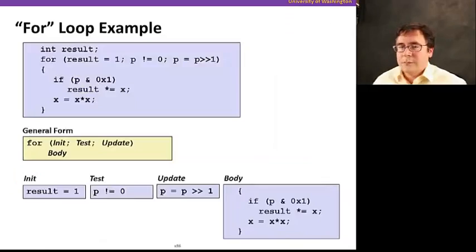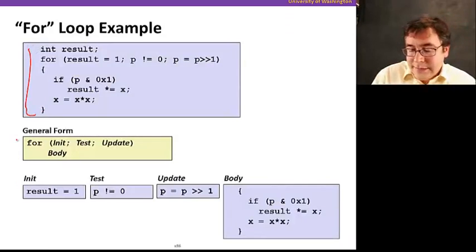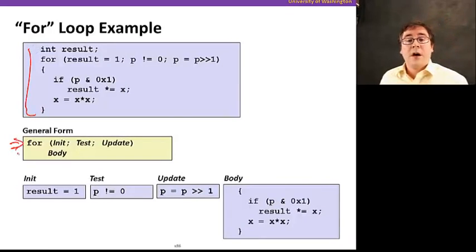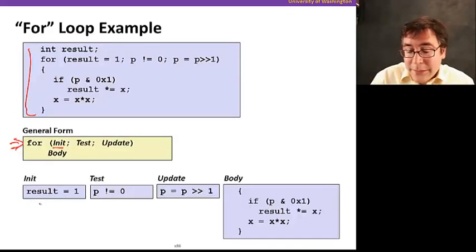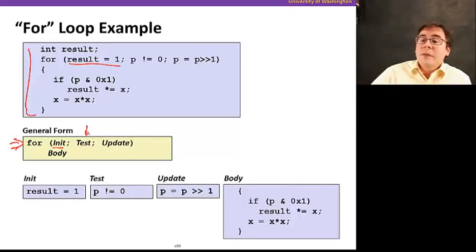Okay. Here's how we can think about the for example that I just showed you. Here's the code, and here is the general form of for loops. There's an init expression that's executed before the loop starts. The test expression determines whether the loop keeps going or not.